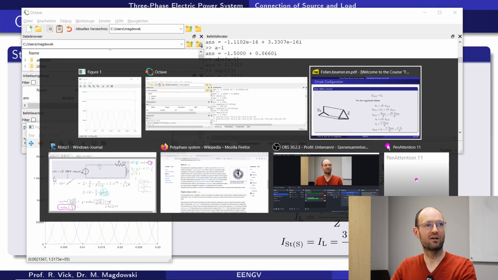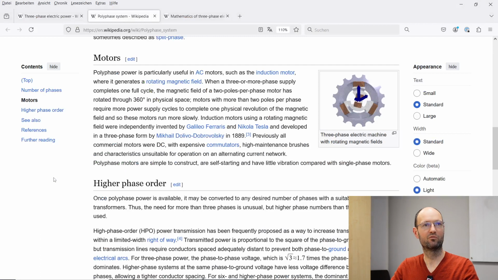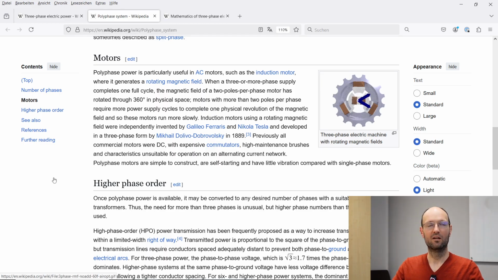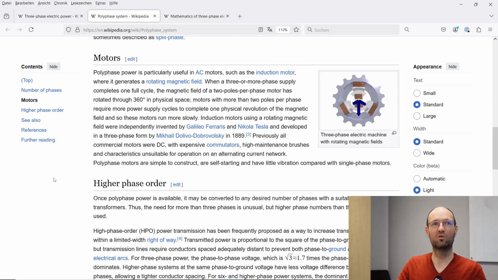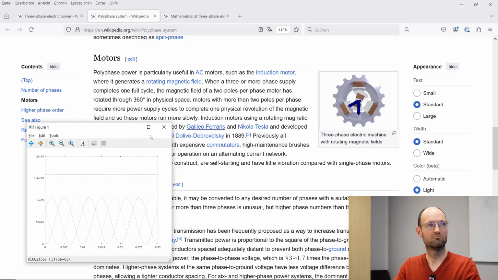Yeah, and this is, I think, super cool if you remember, if we go back to this. So we have this rotor in the center, we have 3 coils, and in each coil there's a sinusoidal current. And in each coil, let's say we have a power that changes over time, but if we look at the total power, the sum of everything what happens here in our system, the total power is constant over time.